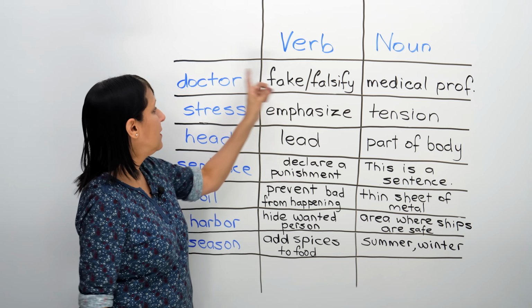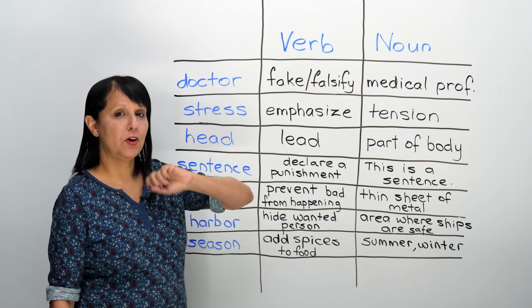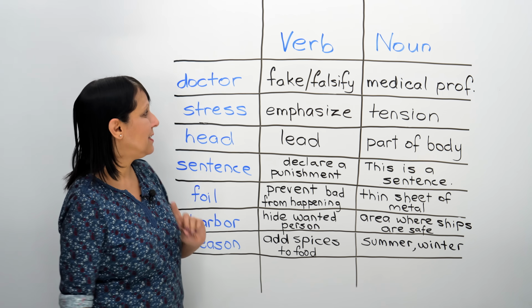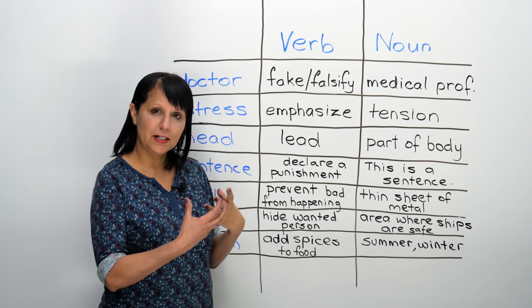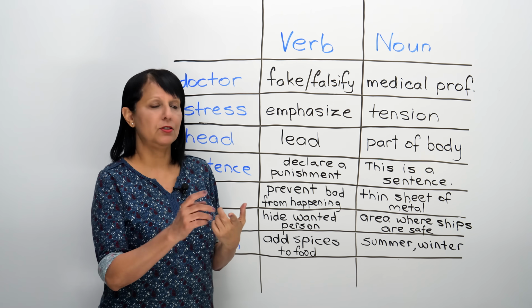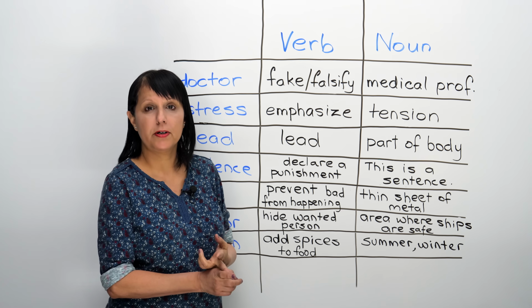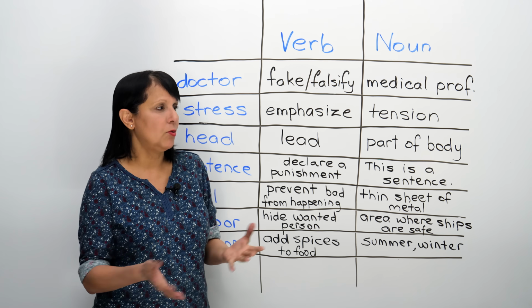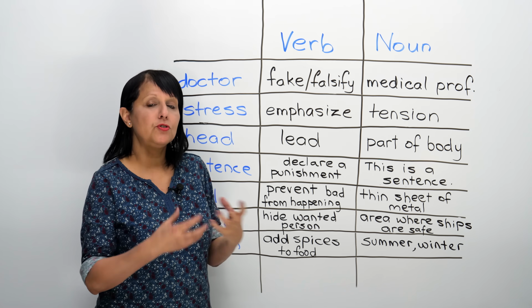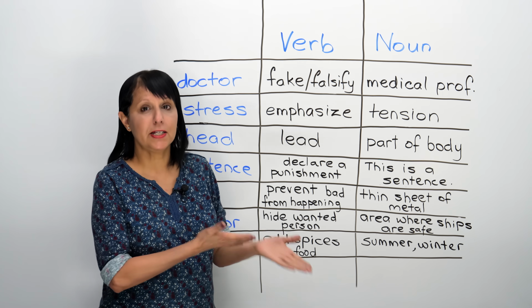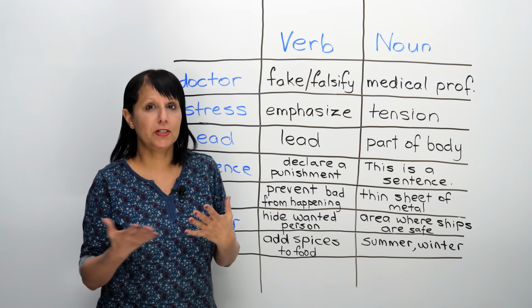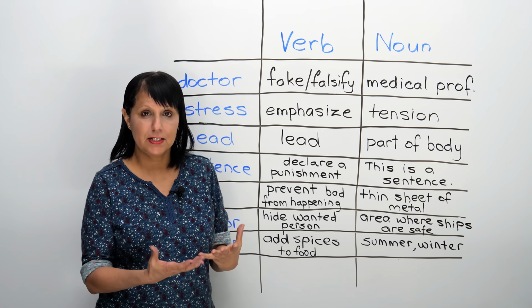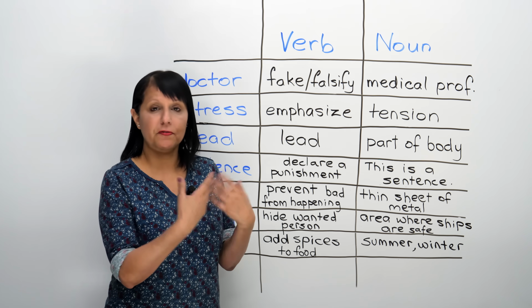But did you know the meaning of doctor as a verb? It means to fake or falsify a document or a report or a certificate or a photograph. That means to do something to it to make it look like it's real, but it's actually not. To falsify it, to make it false, to fake it.